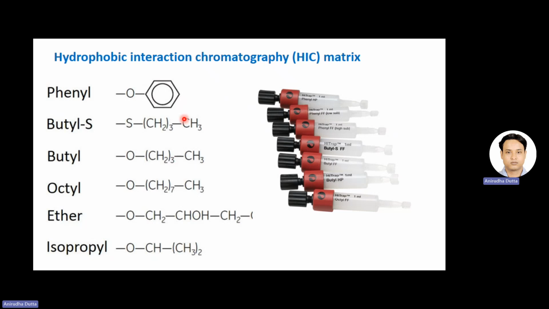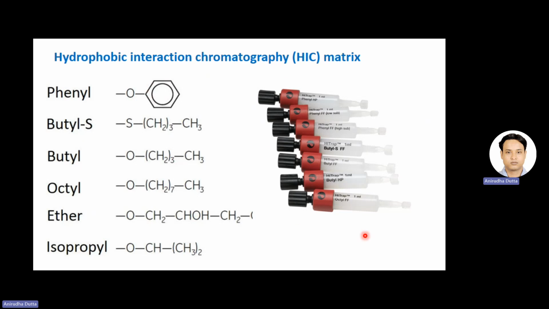If the protein has more hydrophobic patches, and you are using a very strong hydrophobic column like octyl, then it will bind so tightly to the column that it will never get out of the column, unless you denature the protein. Whereas if it is very weak binding, and you are using a weak matrix, then it might not bind. So that's why a normal rule of thumb is that the first time we screen all the columns.